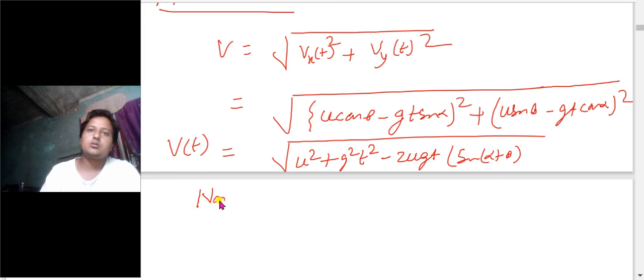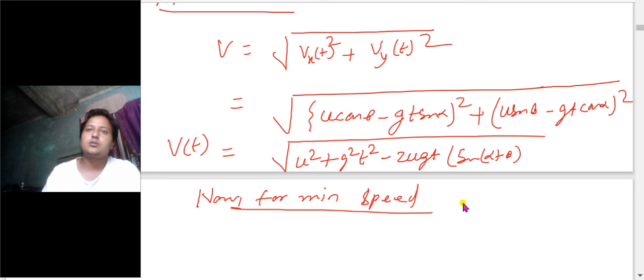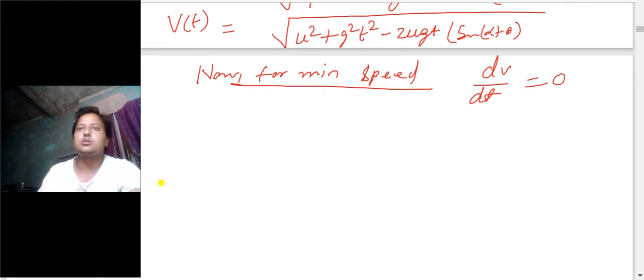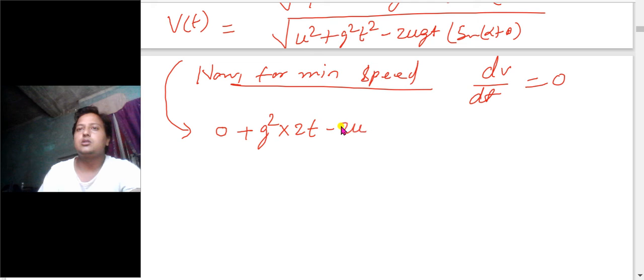Now for minimum speed, dv over dt must be equal to 0. So dv over dt from here: differentiation of u square is 0, g square times differentiation of t square is 2t, minus 2ug sin(alpha plus theta) constant, differentiation of t is 1.